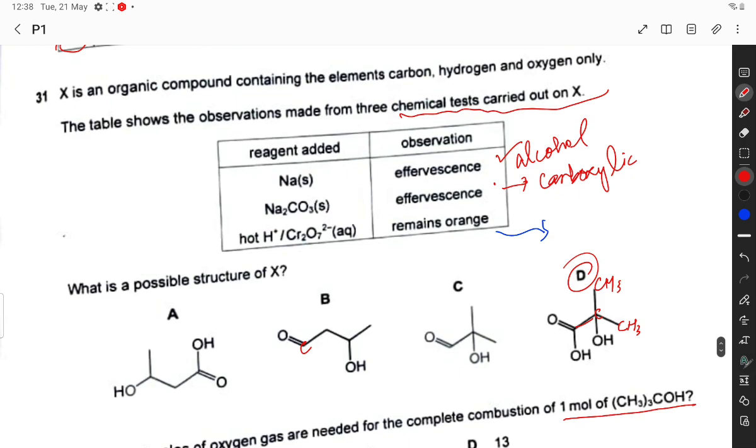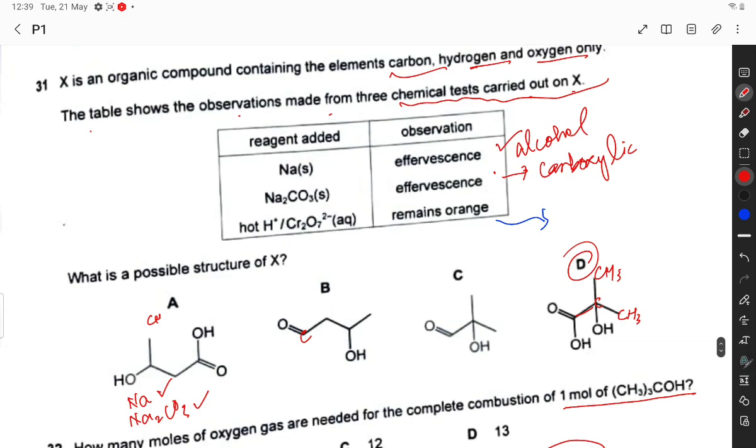X is an organic compound containing the elements carbon, hydrogen and oxygen only. The table shows the observations made from 3 chemical tests carried out on X. Sodium, yes, alcohol, sodium reacts, sodium carbonate can react. What is a possible structure of X?